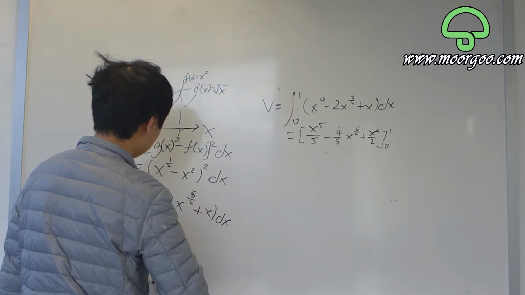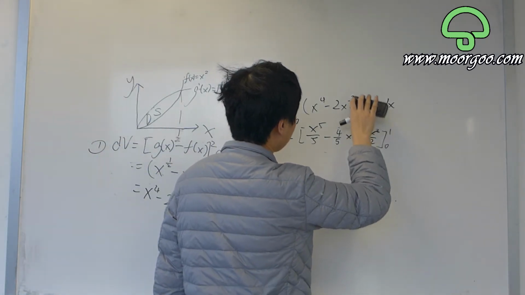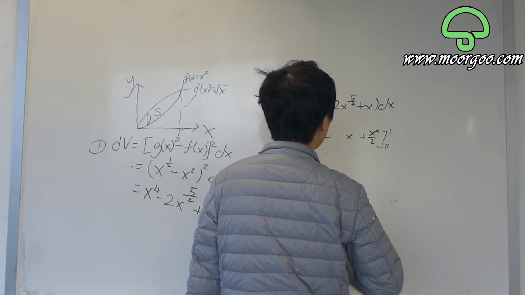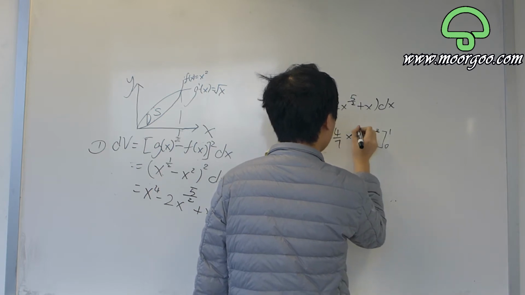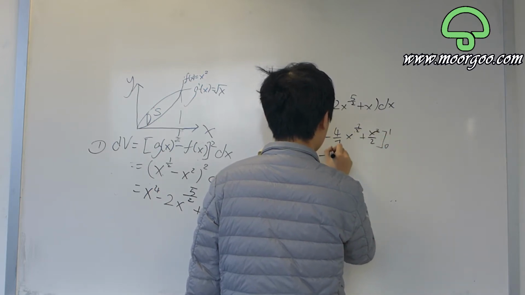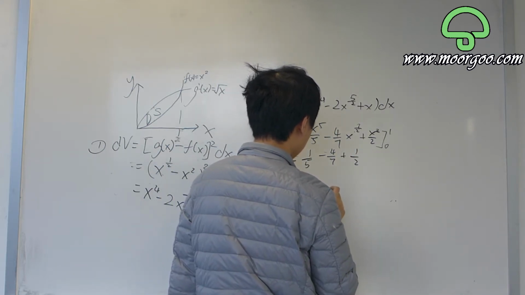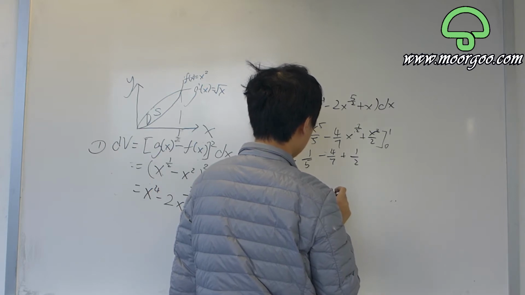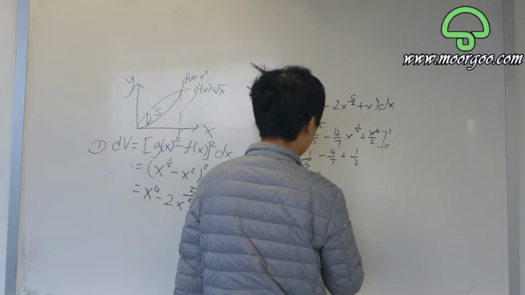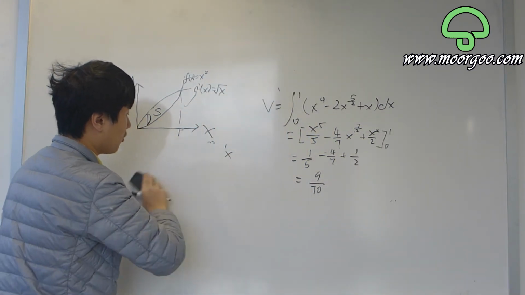Oh, this is exactly what I've done wrong, and I apologize for that. 9/70. Okay.